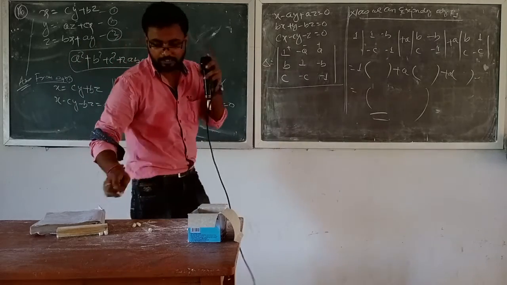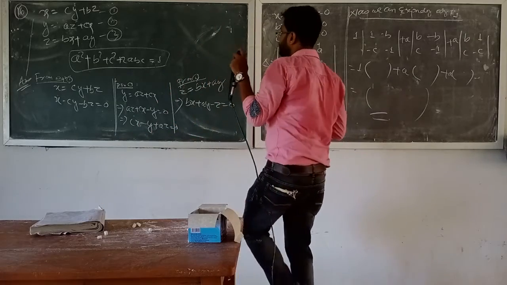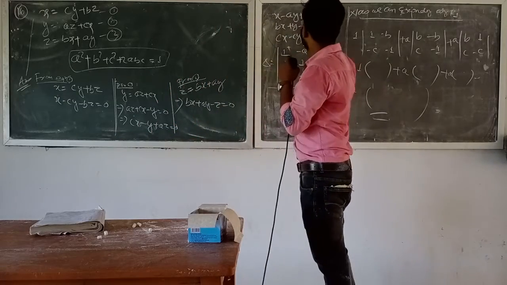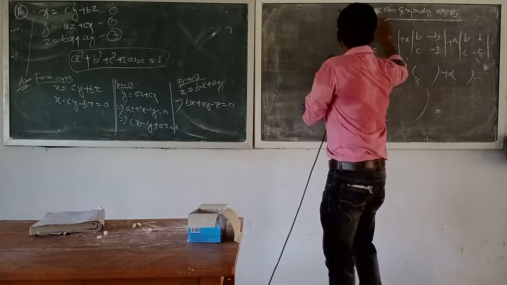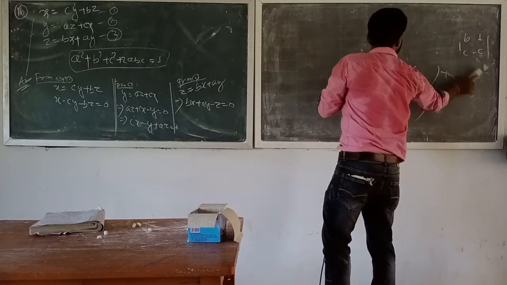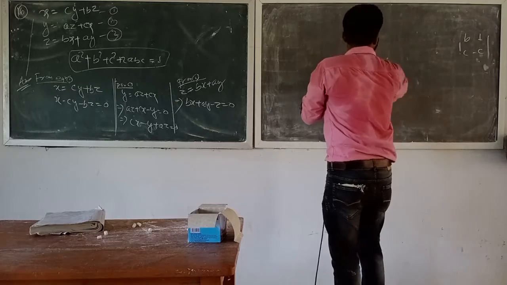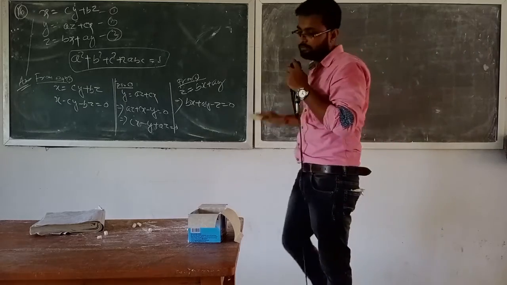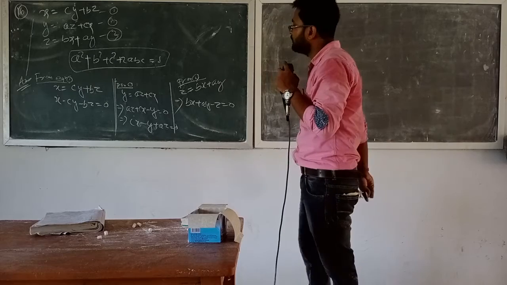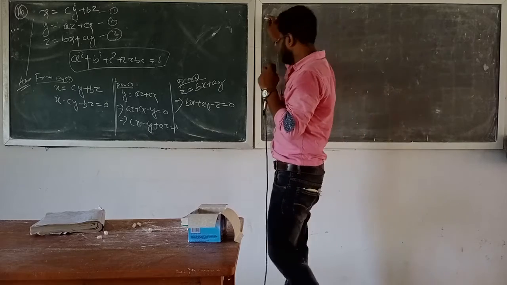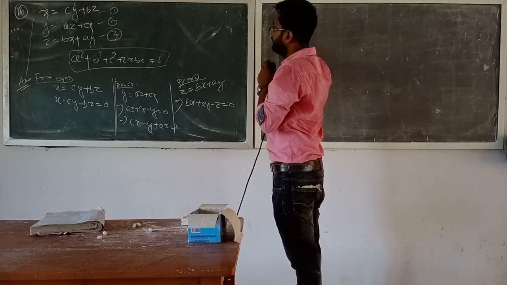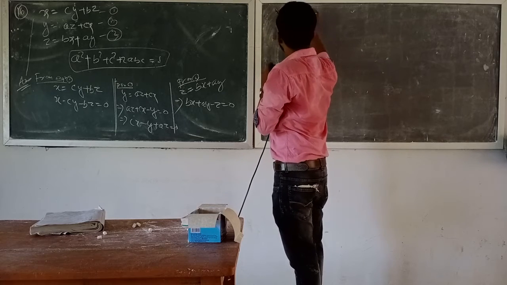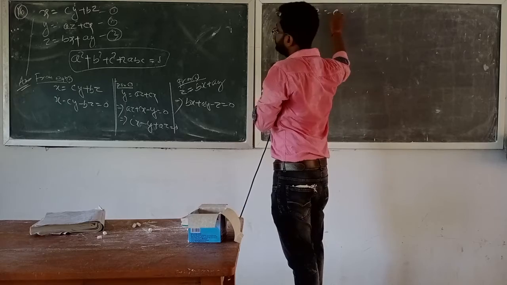Now, you can write down the coefficients of the variables x, y, z in determinant form. Now, x minus cy minus bz equal to 0.